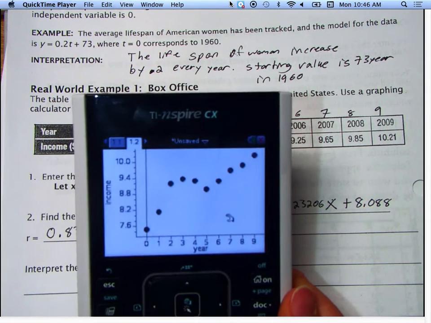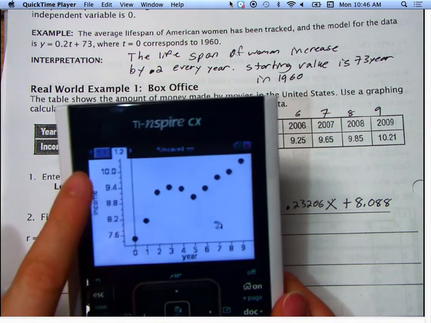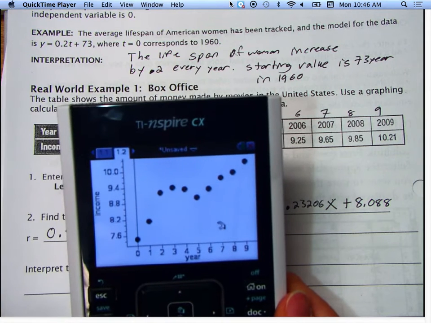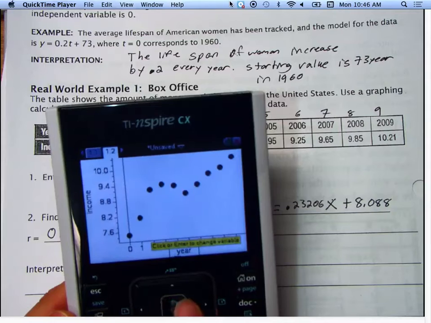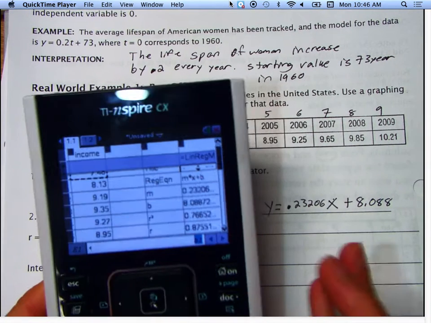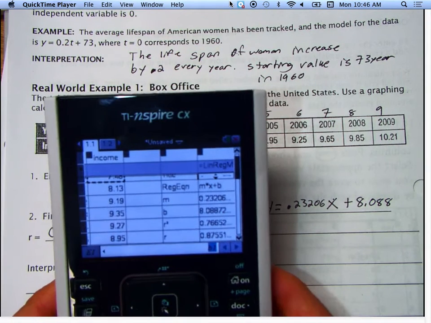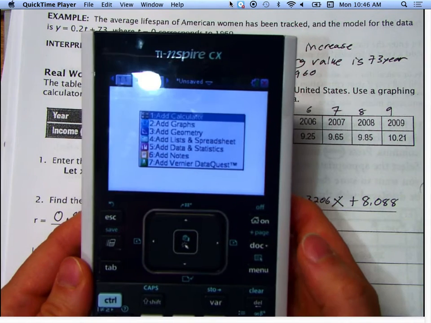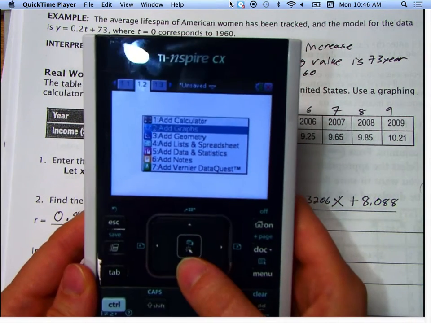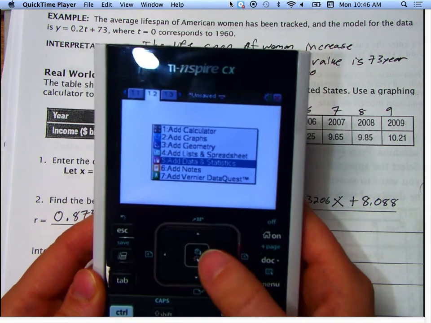Okay? So I'm here, right? I've labeled my stuff. I've got the points. Everybody's got it like this who's trying to do this, right? Okay. But how'd you do that again? I went and clicked. How did I? Okay. So I'm right here. I hit Control Doc, and it was adding a page. I go down to number 5, add data and statistics.